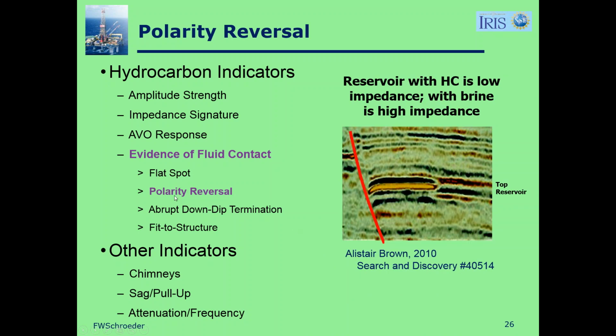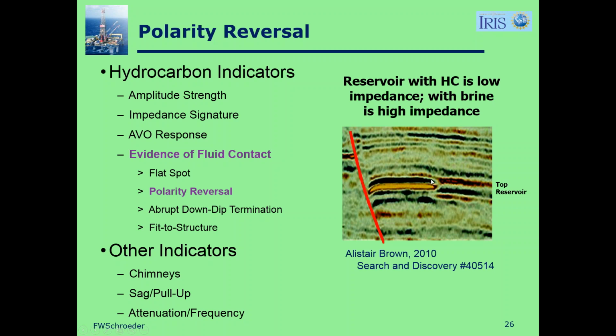Another thing that indicates a fluid contact is a polarity reversal. And so here, this example from Alistair Brown's book, the top of the reservoir is a black or a peak, and it transitions into a red or a trough. And the base of the reservoir is yellow, and it transitions into a black.